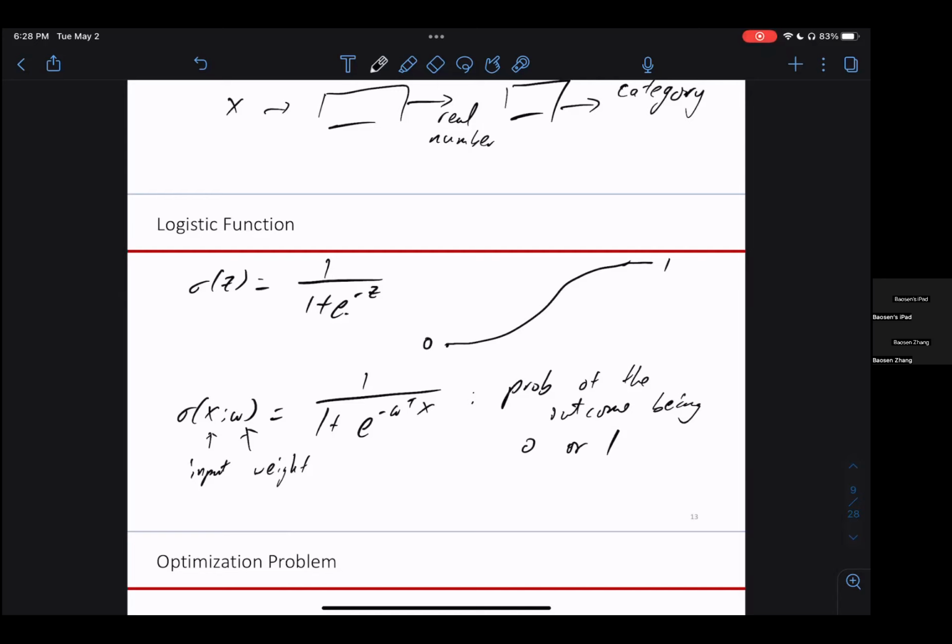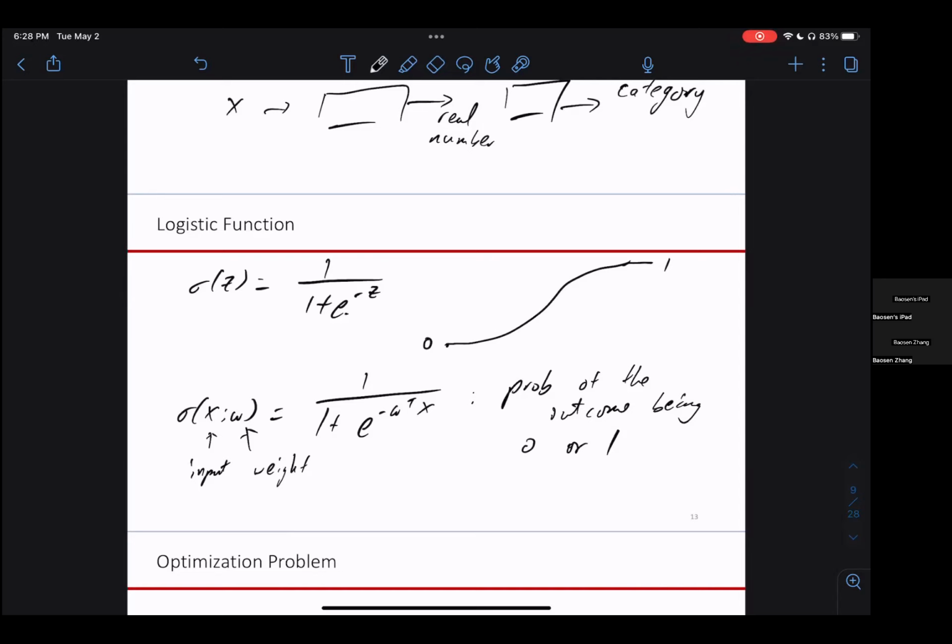If you have a probability, to actually get an output you just say, is this probability larger than 0.5 or smaller than 0.5? If the probability of the output being 1 is larger than 0.5, we just say the output is 1. If the probability is less than 0.5, you say the output is 0. So this basically gives you a confidence of which way it is.